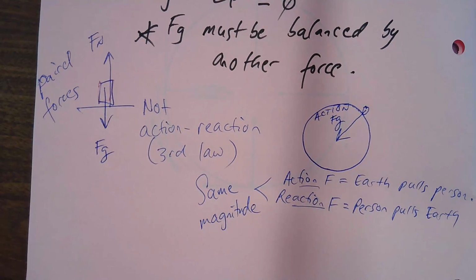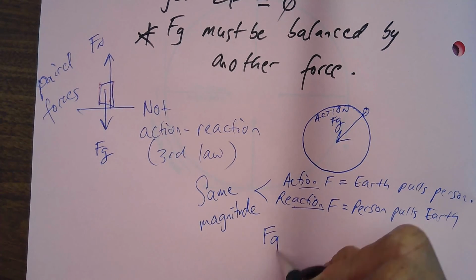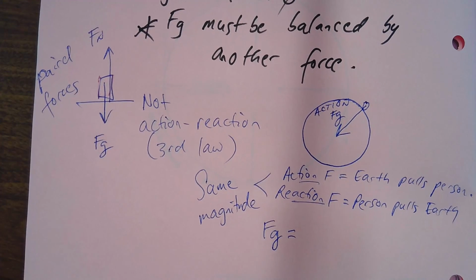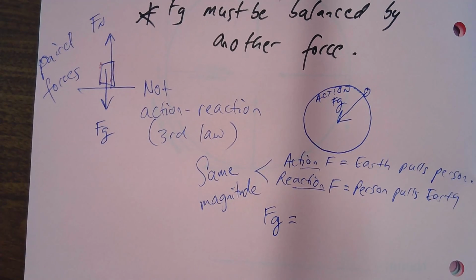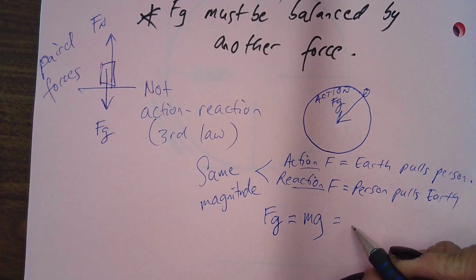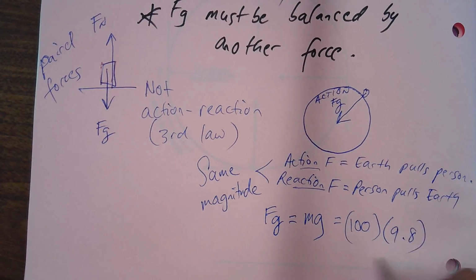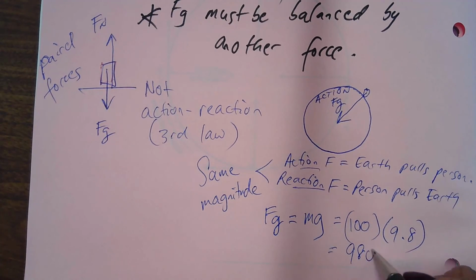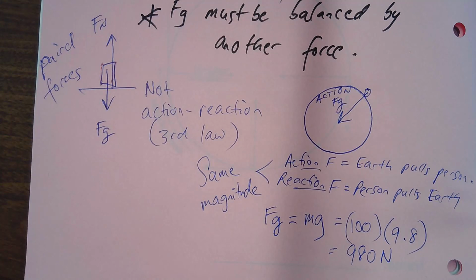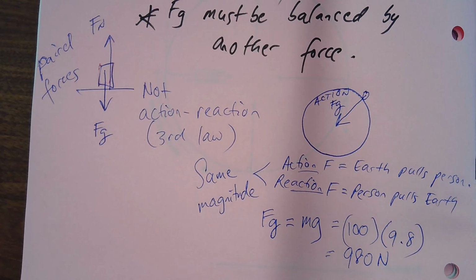You go, what? How is that the same amount? Well, let's take a look. What is the Fg that the Earth is pulling on you? It's 9.8. Let's just say you have 100 kilograms times 9.8. You've got 980 newtons of Earth's mass pulling you down. But guess what?